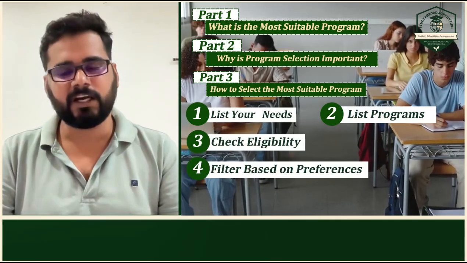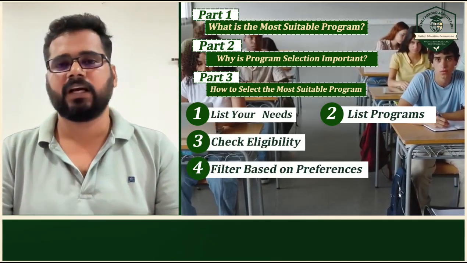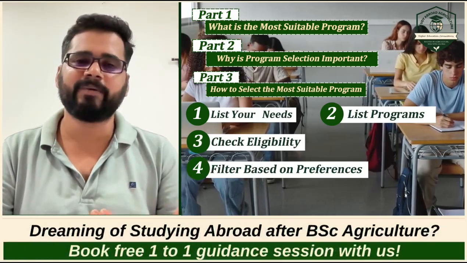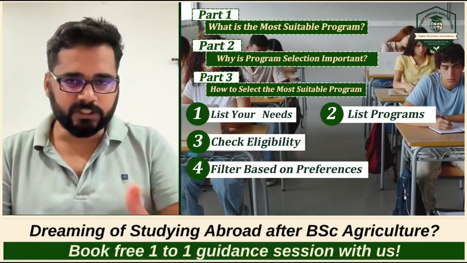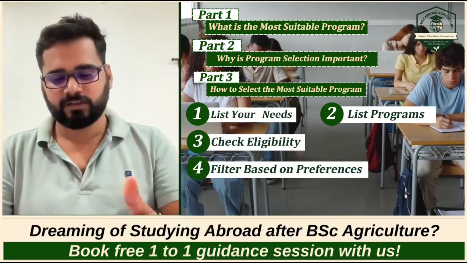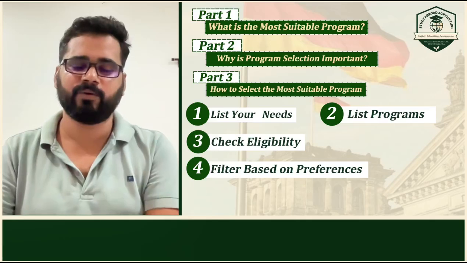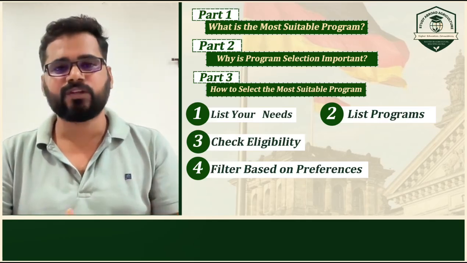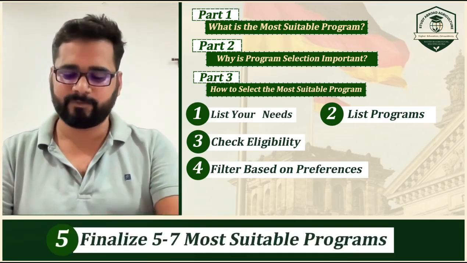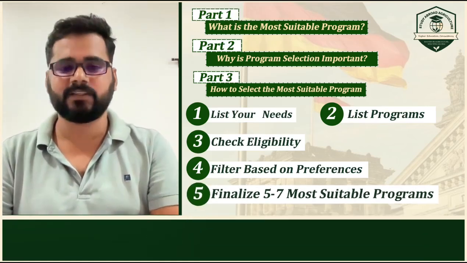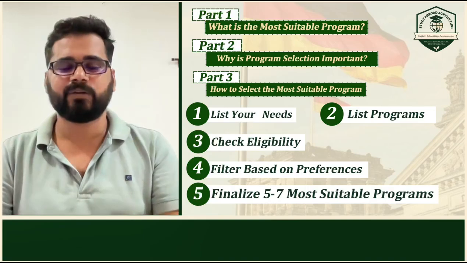But if you have more than 10 programs in your eligibility list, now you can look for the preferred programs also. List out your preferences, which you are looking for in these eligible programs. Now you can sort these programs according to your preferences, and see which programs fulfill your preferences more than the others.